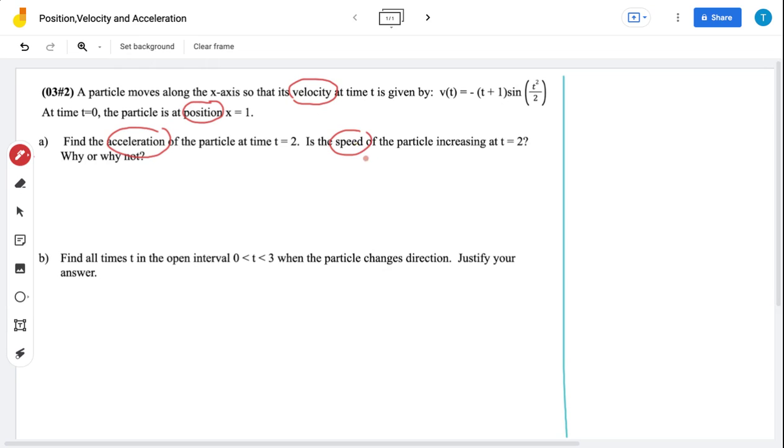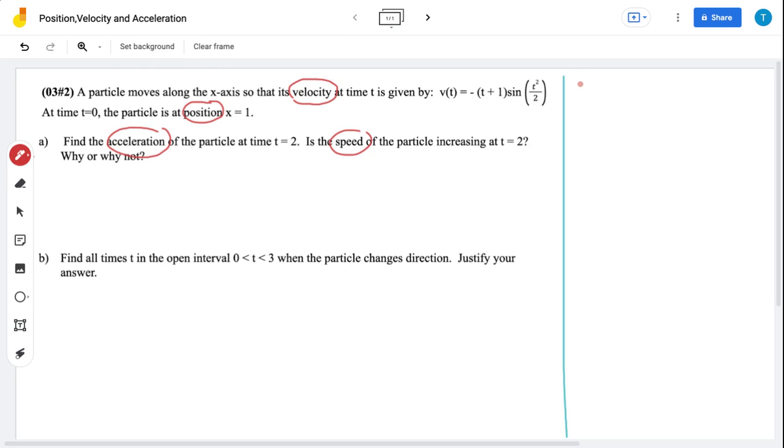I just scanned over it, and we can see this is a problem about the relationship between velocity, position, and acceleration. So let's get started with what we need to know about the relationship between them.